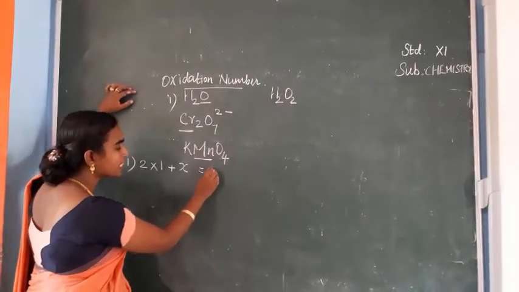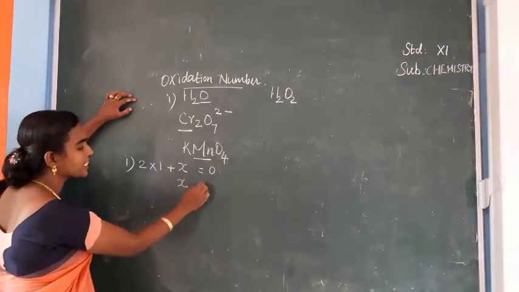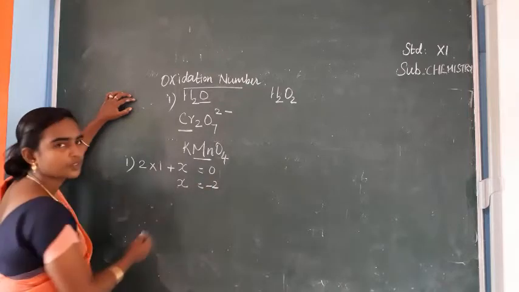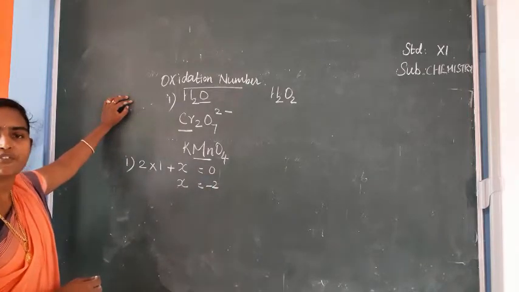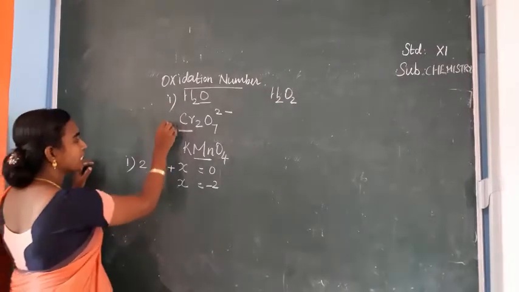So this should be taken as 0. Then what's the X value? X is equal to -2. Then what's the oxidation number of oxygen in this compound? That is -2.